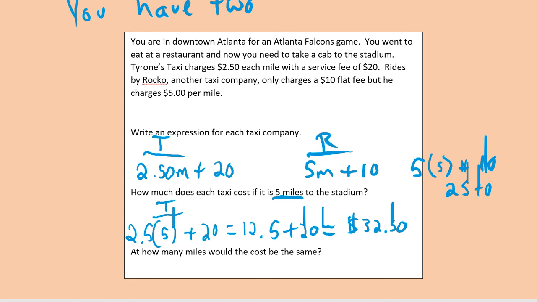Plus 10, that would give you 35. So who is the cheapest for 5 miles? Well, it's $32.50 for Tyrone. It's $35 for Rocco. Therefore, you're going to want to go with Tyrone, okay? Because he's cheaper at 5 miles.